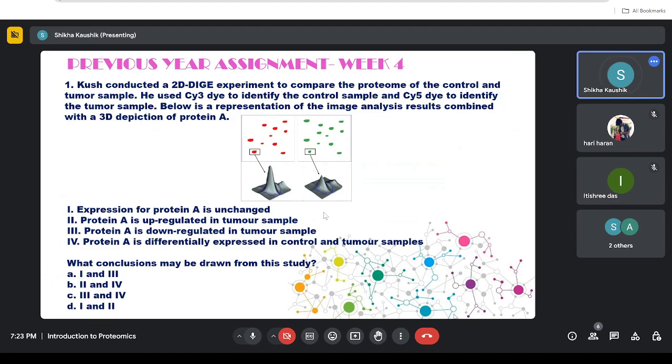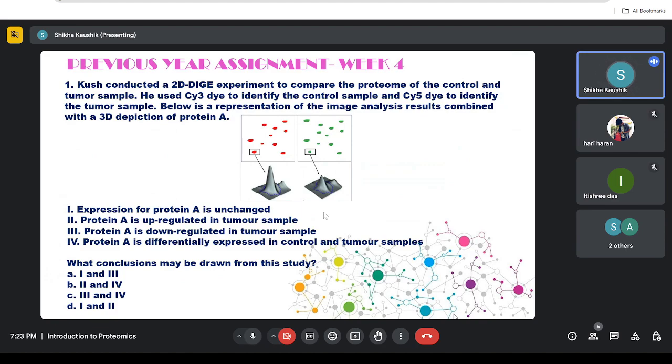Okay. So the first question is, Kush conducted a 2D DIGE, that is differential in-gel electrophoresis experiment, to compare the proteome of the control and the tumor sample. He used Cy3 dye to identify the control sample and Cy5 dye to identify the tumor sample.